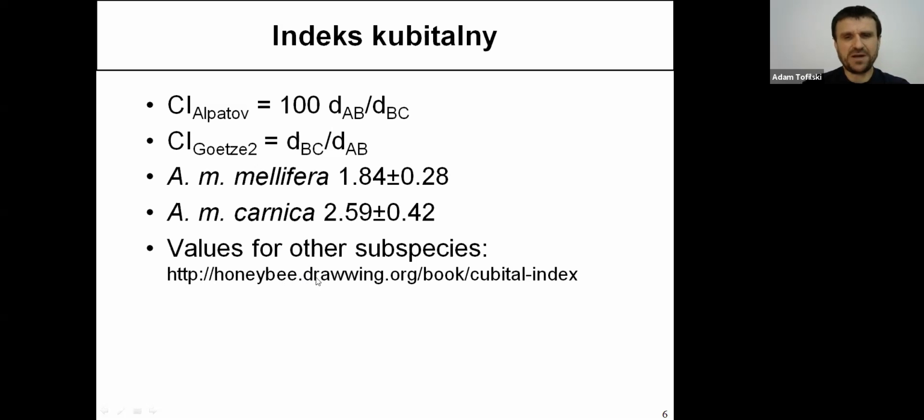You can check my website, where cubital indexes are listed for a wide range of subspecies, and you will notice that many subspecies have the same cubital index. So cubital index is good for discrimination between Mellifera and Carnica, but can be, for example, not effective in discrimination between Mellifera and Iberiensis, which is in the Iberian Peninsula.